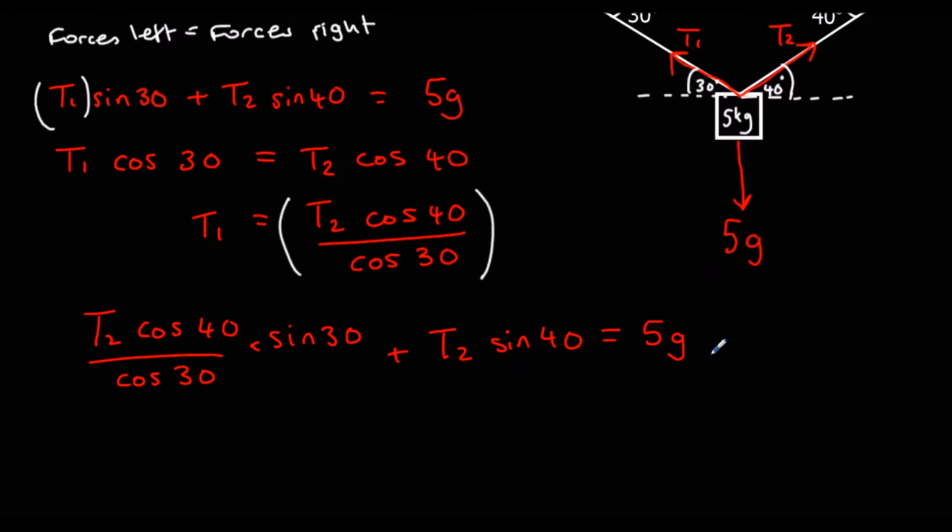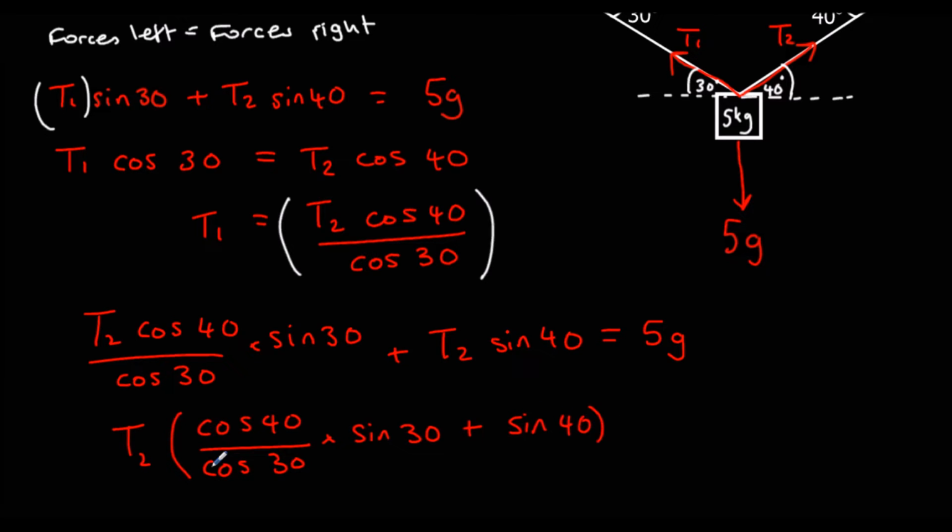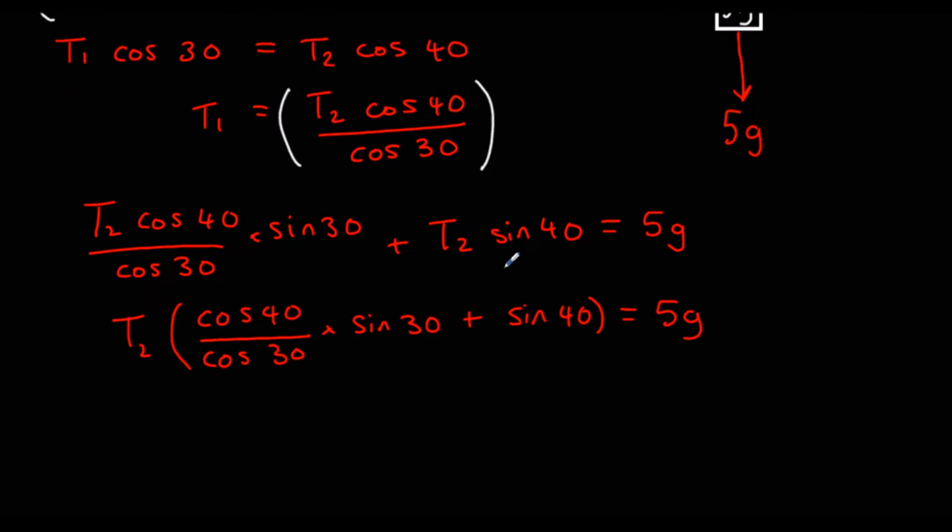Now I'm just going to factorize out T2 from the left hand side. If I take T2 out, that leaves me with cos 40 over cos 30 times sine 30 plus sine 40. All these sines and coses we don't have to worry about, because that is just a number, and we can type that whole thing into the calculator and turn it into a number.